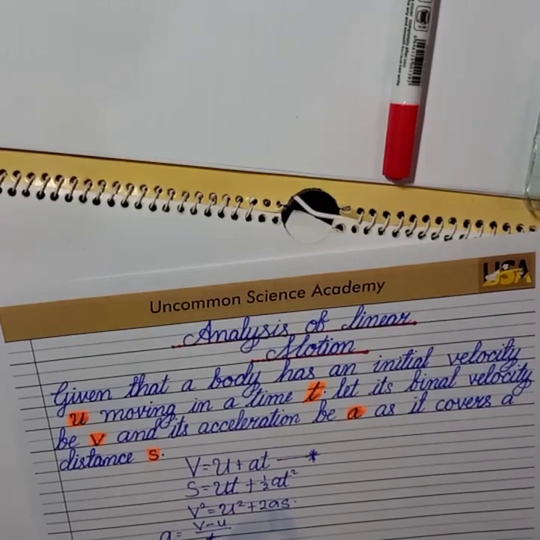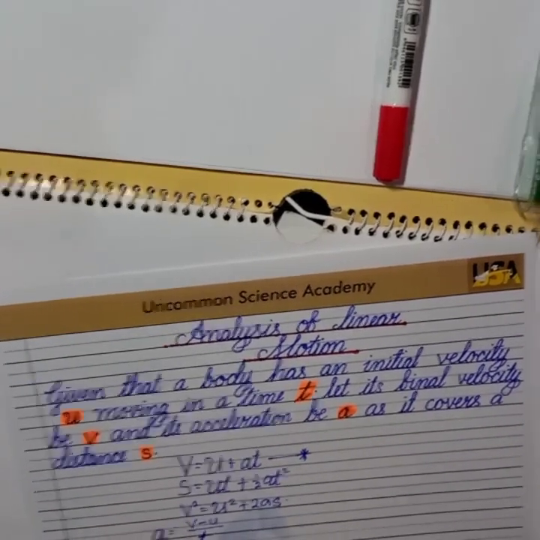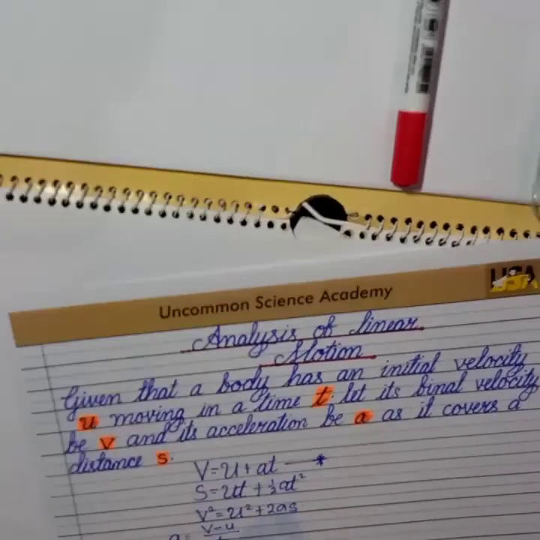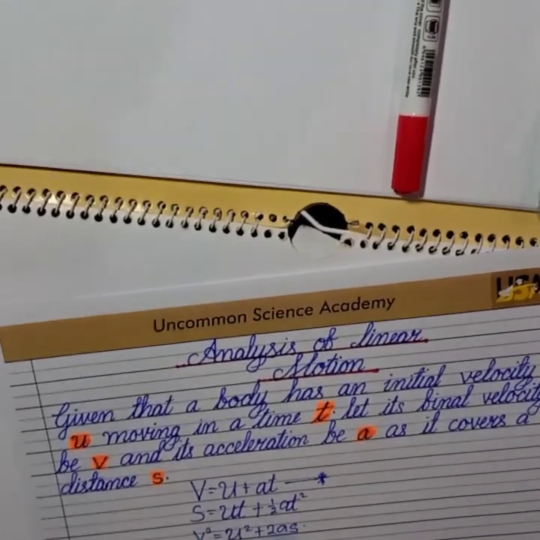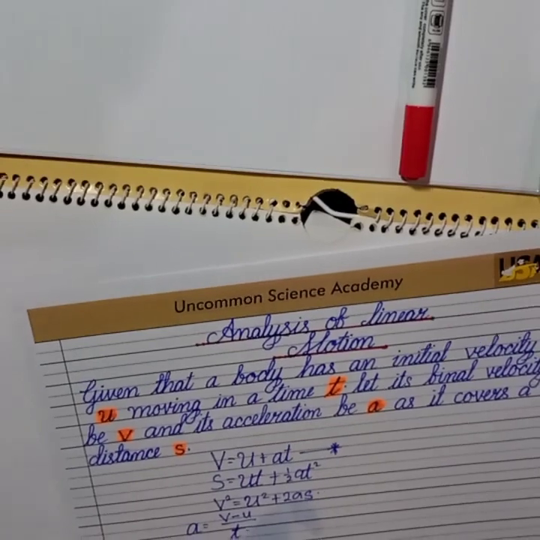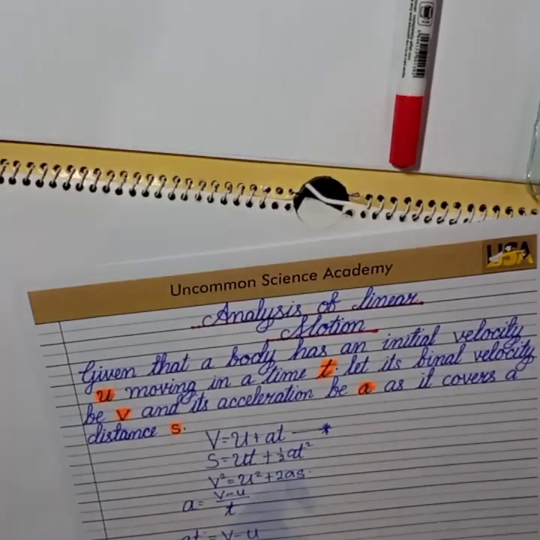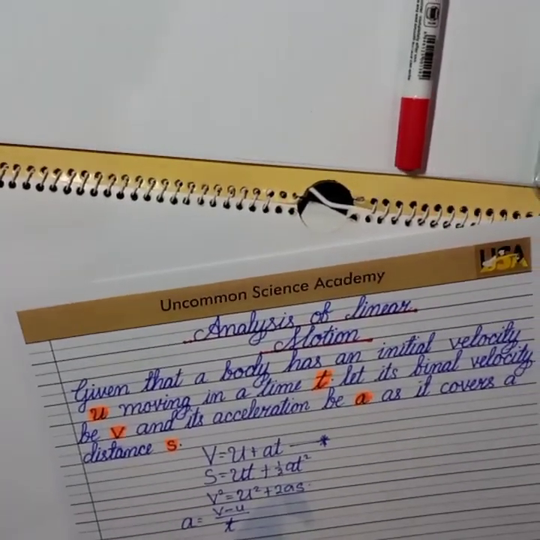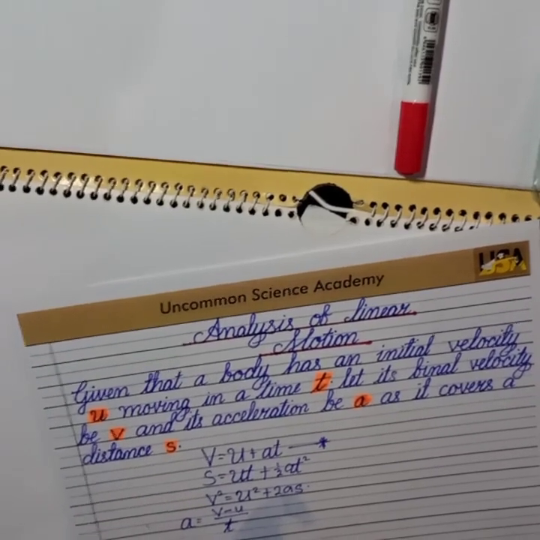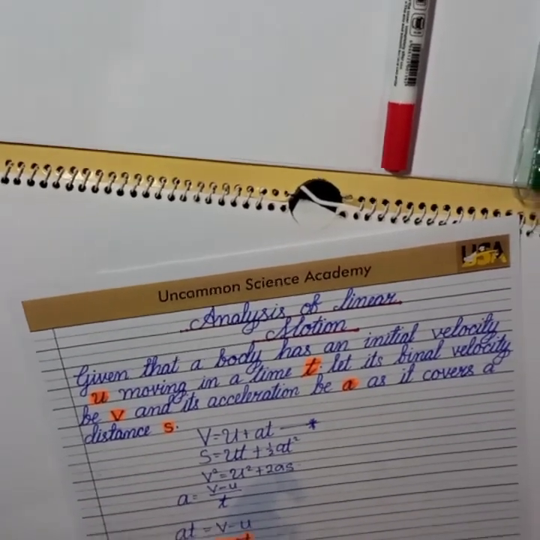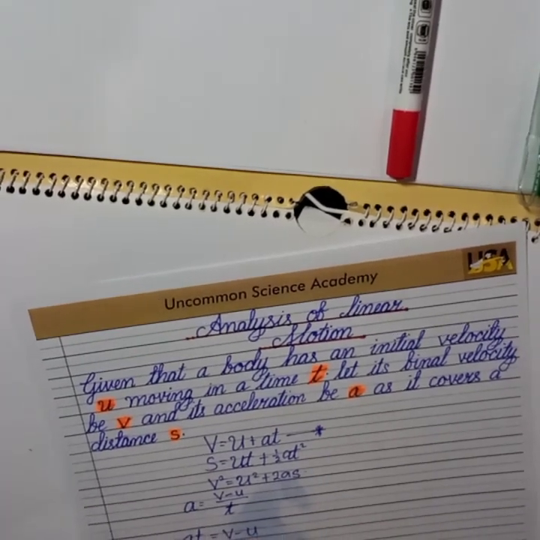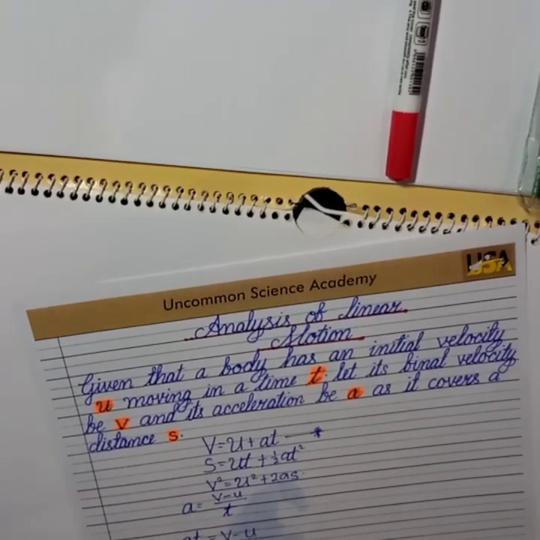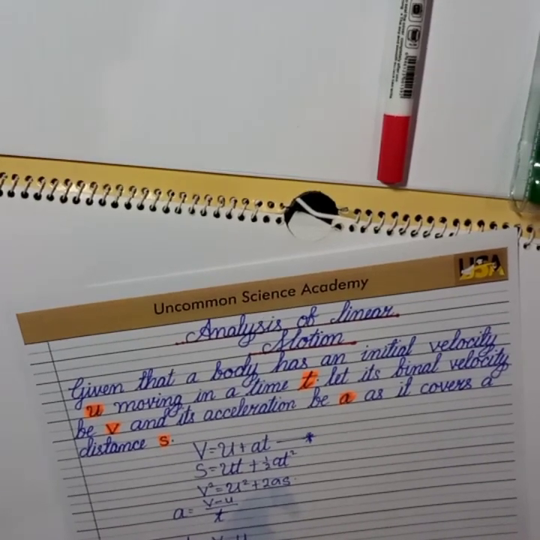How can we get this second equation? You and I both know that when a body is moving with non-uniform velocity, for us to get the velocity of such body, it has to be the average velocity. Now, from average velocity formula, we have that the distance covered, which we can regard as a displacement, equal the final velocity plus the initial velocity divided by 2 multiplied by time.